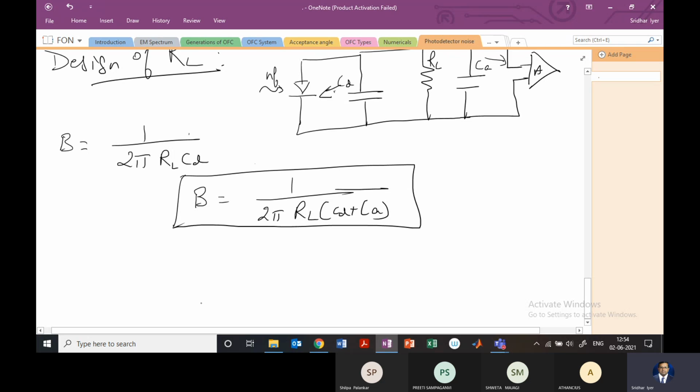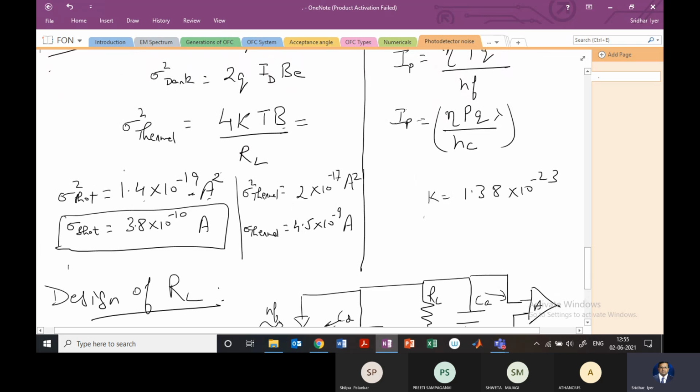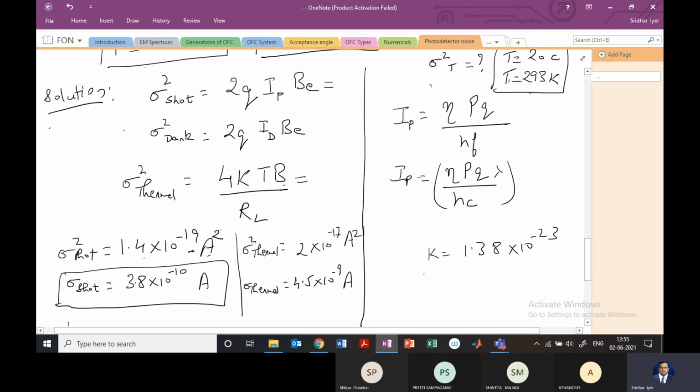So let us look at the equations when the detector is an APD, that is, an avalanche photodetector. The reason why we get a change is because of the equations for the shot noise and the thermal noise. Nothing is going to happen to the thermal noise; it will remain the same.